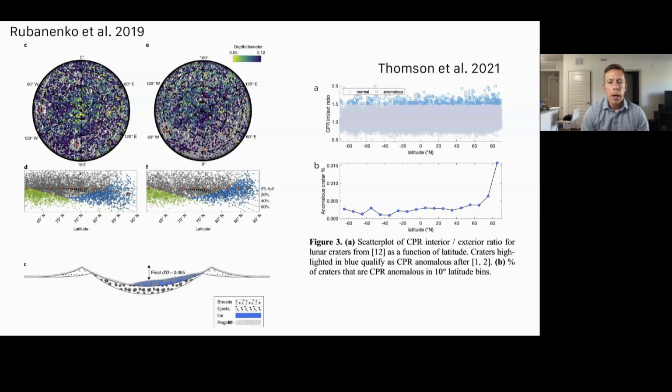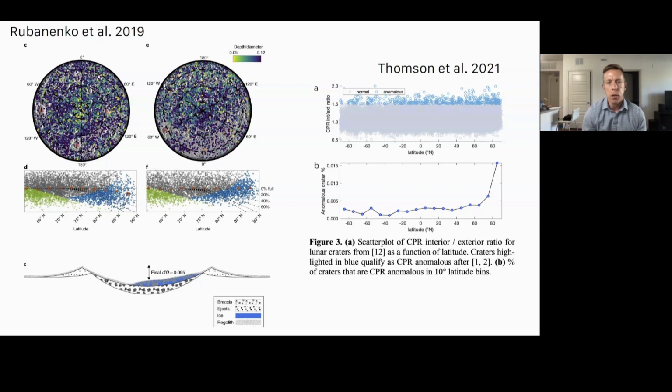Now, on the right-hand side, there's always been some controversy with the radar measurements as to whether or not the circular polarization ratio is uniquely indicative of ice in polar craters. In the latest work by Brad Thompson, they reanalyzed these statistics and found that there is an uptick in the number of CPR-anomalous craters at the North Pole, but not the South Pole of the Moon.